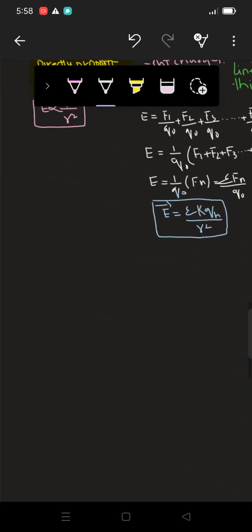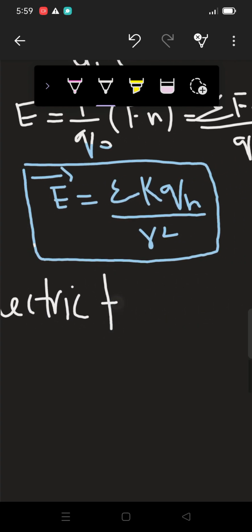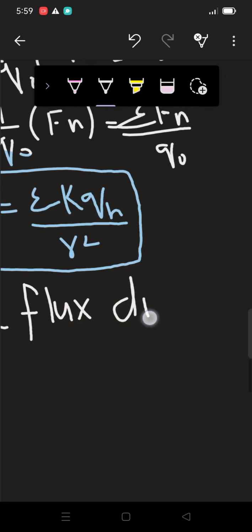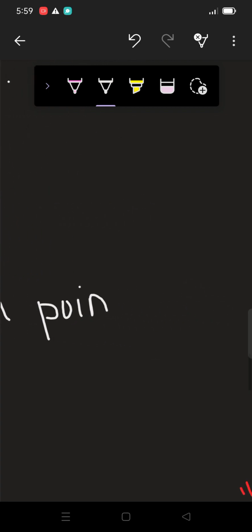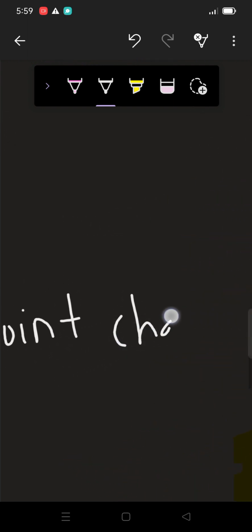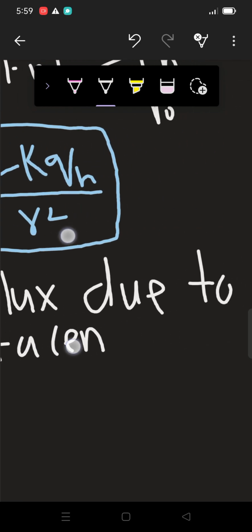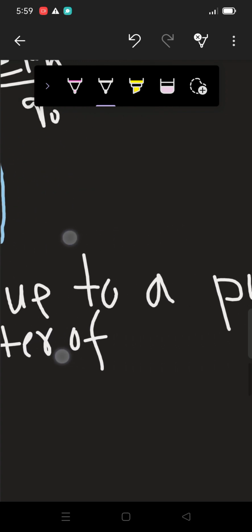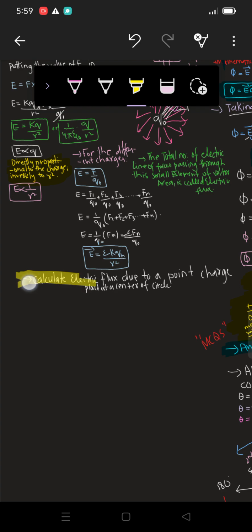So what we are going to discuss today is calculating the electric flux due to a point charge placed at the center of a circle. So today we have our topic.